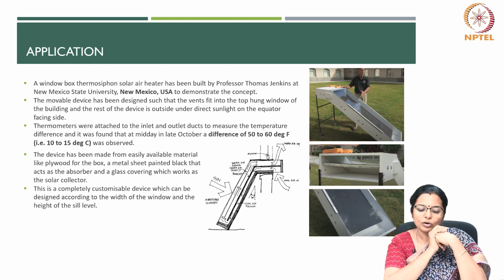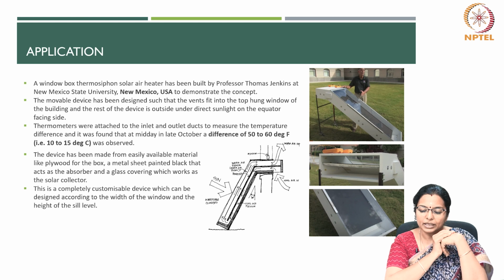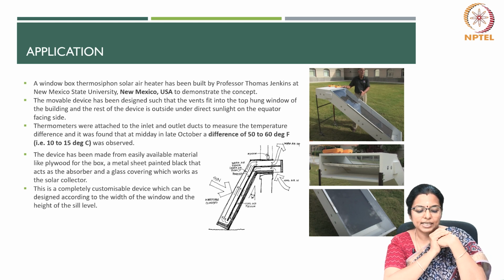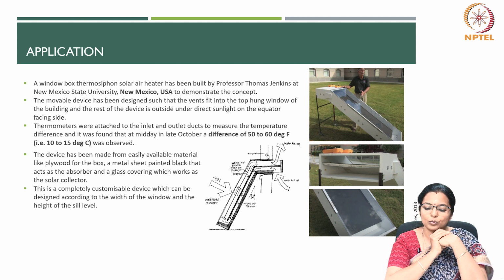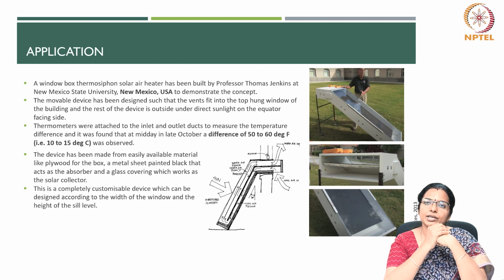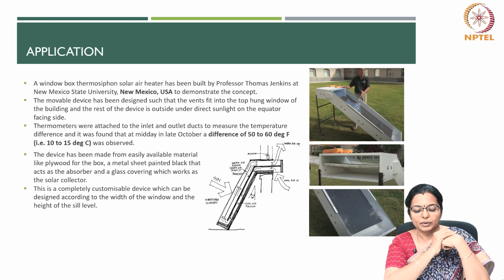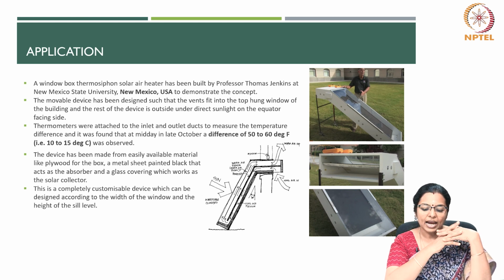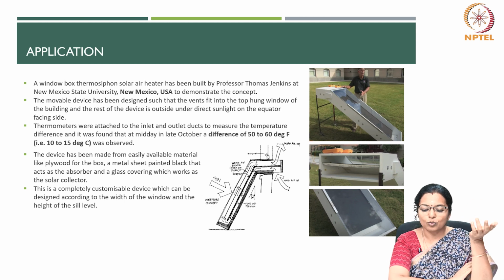A window box thermosiphon solar air heater has been built by Professor Thomas Jenkins at New Mexico State University to demonstrate this concept. The movable device has been designed such that the vents fit into the top hung window of the building and the rest of the device is outside under direct sunlight on the equator facing side.